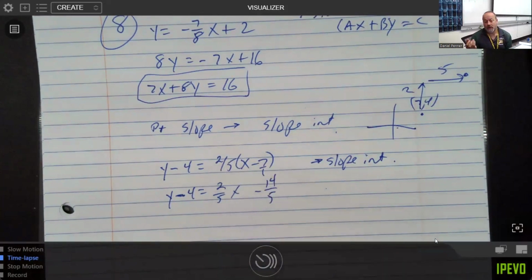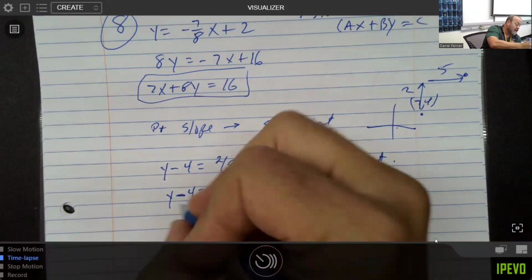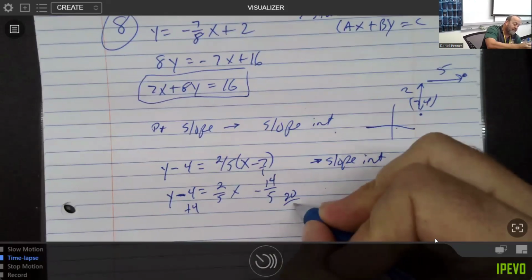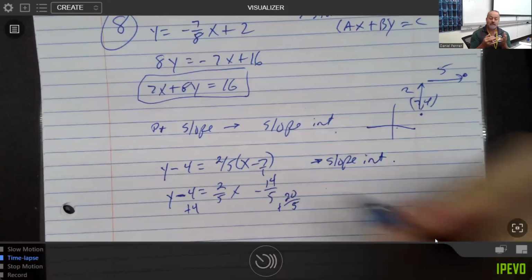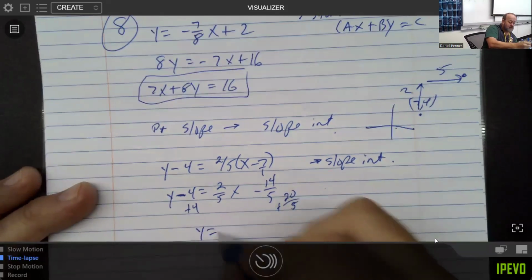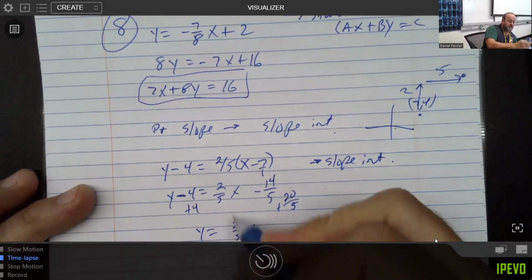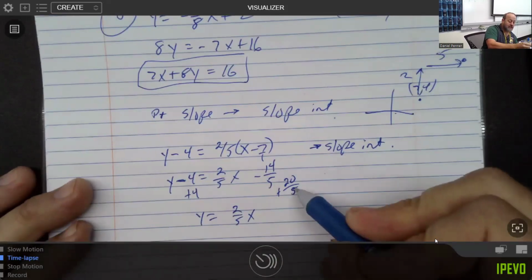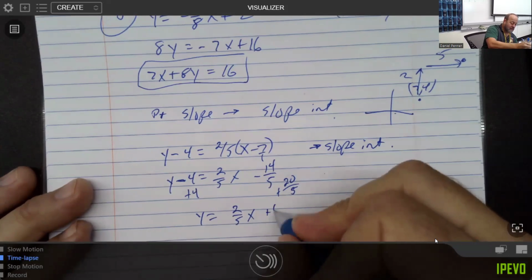Well, of course, the only thing left to do is add 4 to both sides. But instead of adding 4, I'm going to add 4 in the idea of 20/5, because 20 divided by 5 is 4, and I needed a common denominator. And so I end up with this 2/5 x, remember those canceled out. And if I took negative 14/5 plus 20/5, I got 6/5.